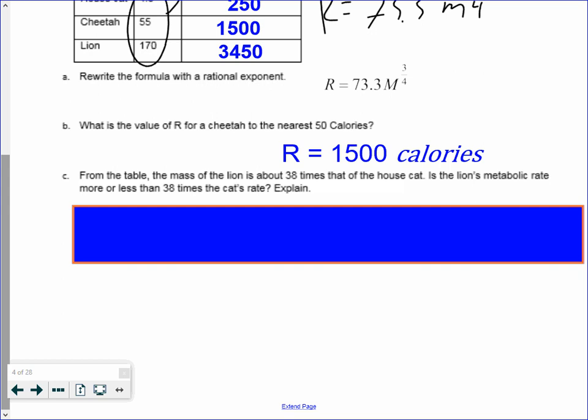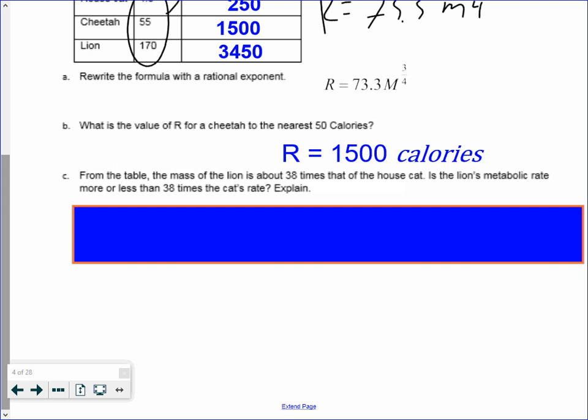And lastly, on C, we're told that from the table, the mass of a lion is about 38 times that of a house cat. So a lion is about 38 times heavier than a typical house cat. We're asked, is the lion's metabolic rate more or less than 38 times the cat's rate? So you want to see if the lion's metabolic rate is also 38 times bigger than the house cat's.